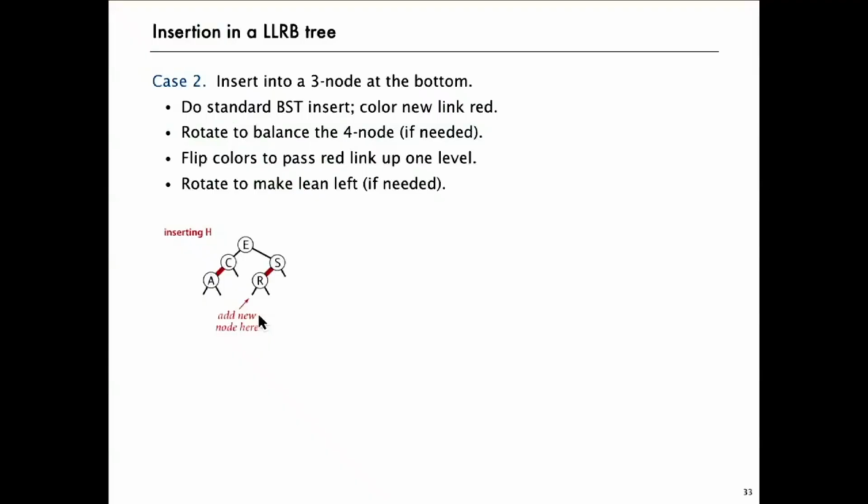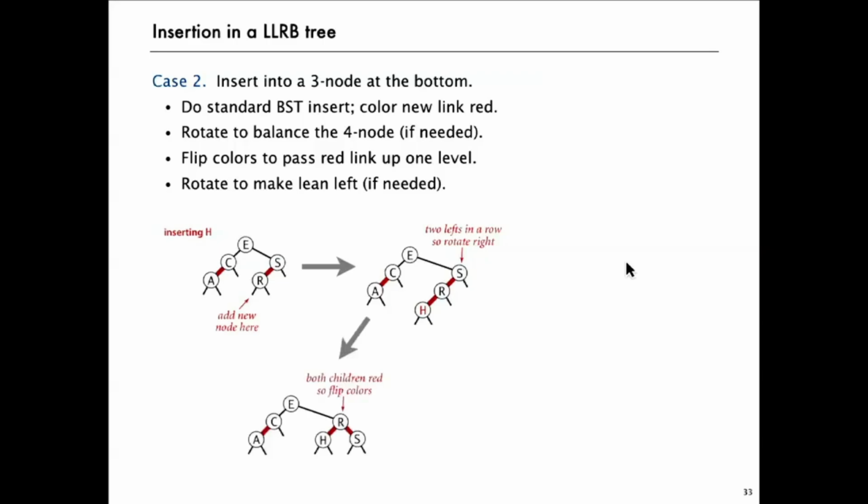So for example, if we insert H into this tree here, it comes off as the left link of R. So that gives us a temporary 4 node that's not balanced. So we need to rotate the link from S to the right. And that gives us now a temporary 4 node that is balanced. And again, these are all local transformations.